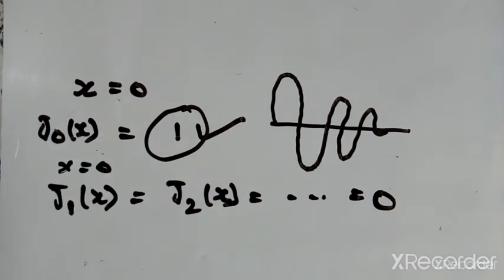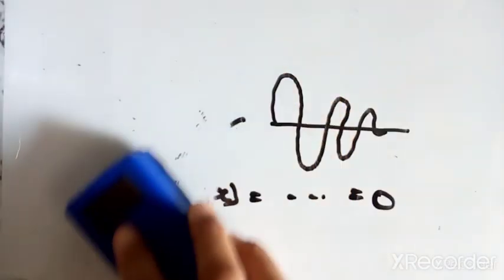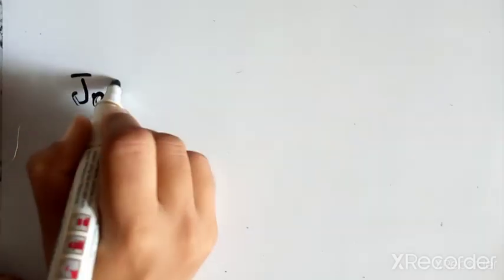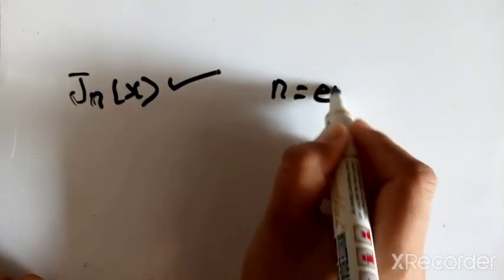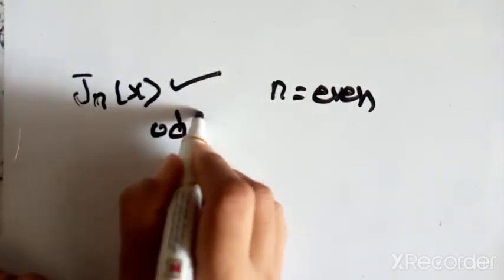Now the nature of Bessel's differential equation. We know the Bessel differential equation. In Bessel differential equation, n is an integer, not fractional. In the solution, we find J n of x. J n of x is even when n is even, and J n of x is odd when n is odd.